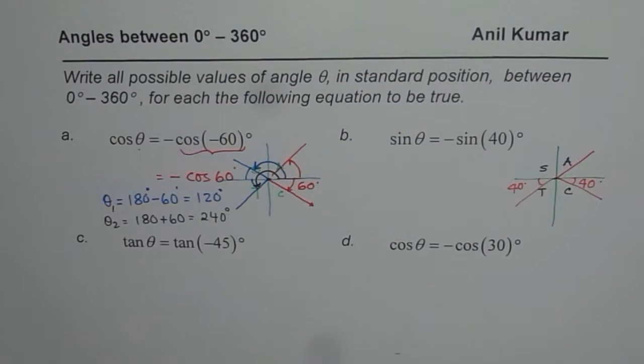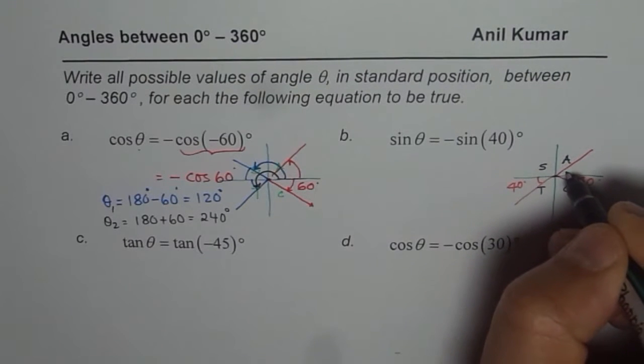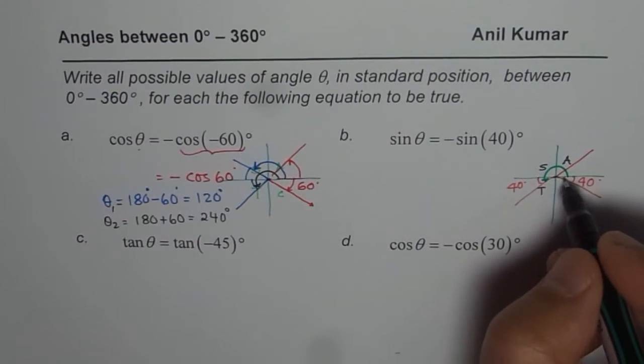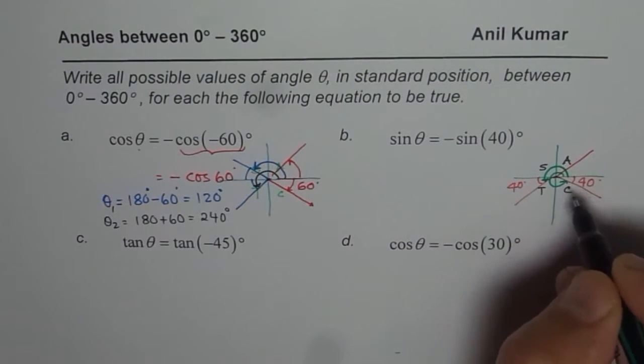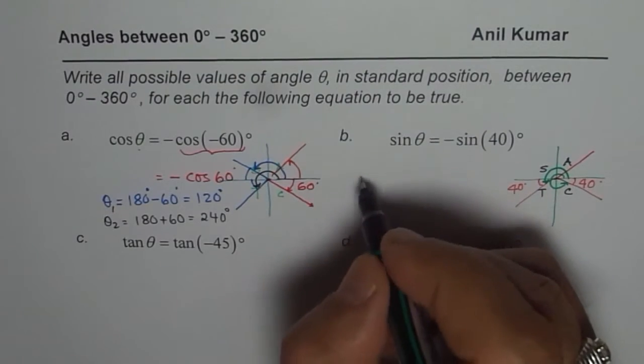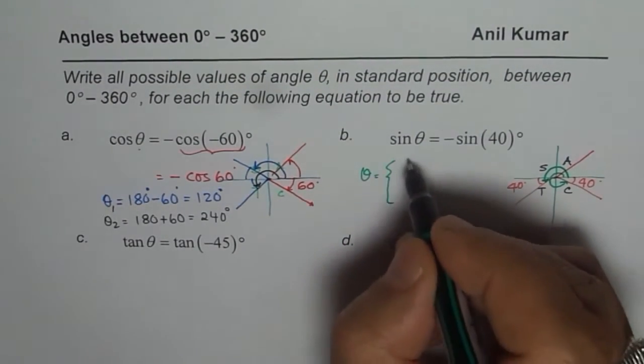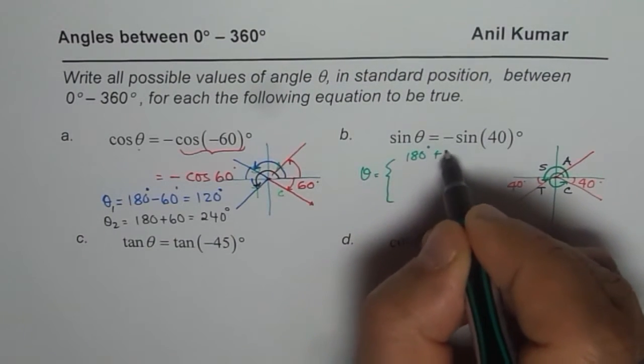So what is the principal angle? That is what we need to figure out. The principal angles are 180 plus 40 and the other one is 360 minus 40. So the possible values for theta are two. The first one is 180 degrees plus 40 degrees.